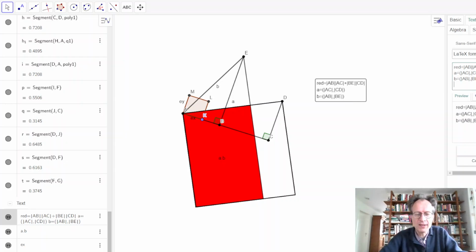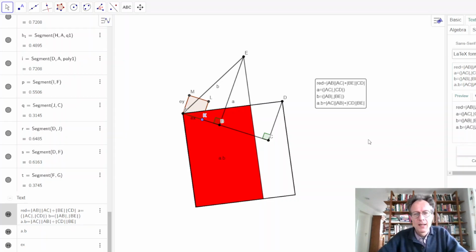So A dot B is the product of the x coordinates, AC times AB, plus the product of the y coordinates, CD times BE. But lo and behold, that is exactly the thing we are trying to prove.